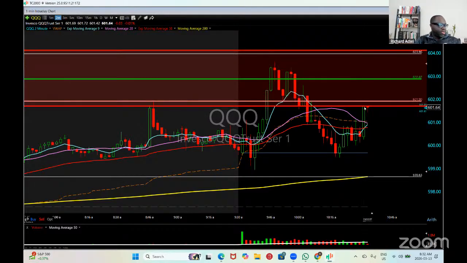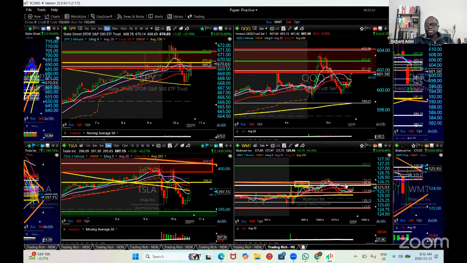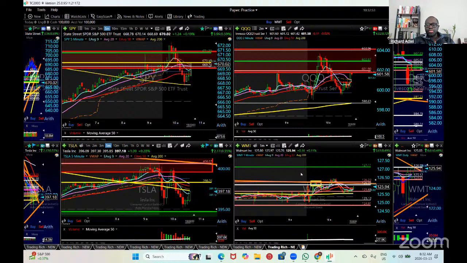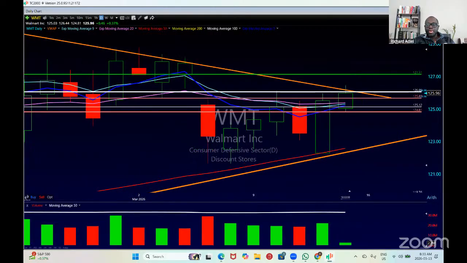So I got my move for my final trade. That's about it. Walmart will do good. I'm not worried about Walmart. That one is a swing trade, so I'm not worried about it. Once it clears there, I'll add to the position and add to the full size. So this is what I'm going to do.